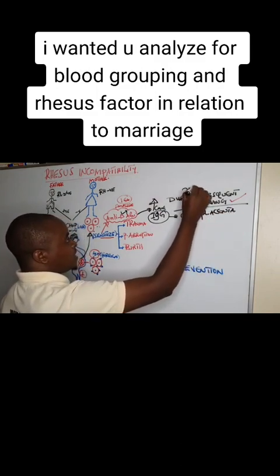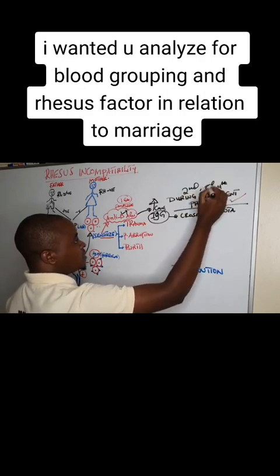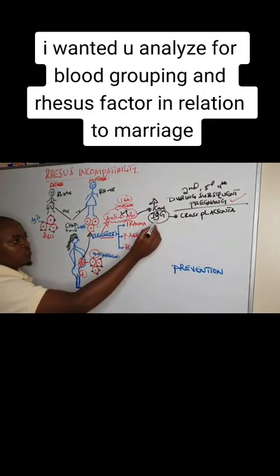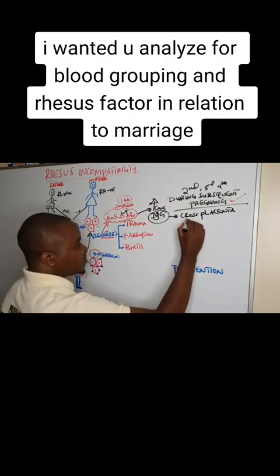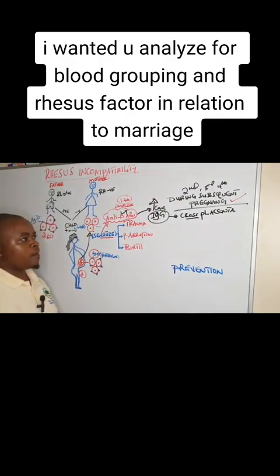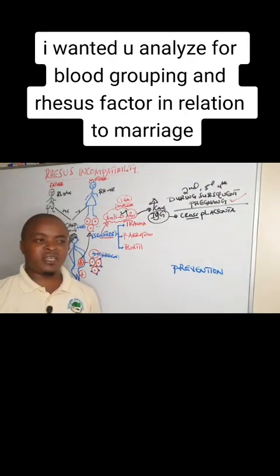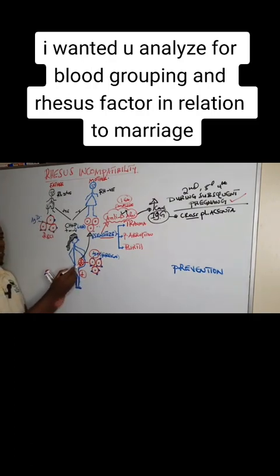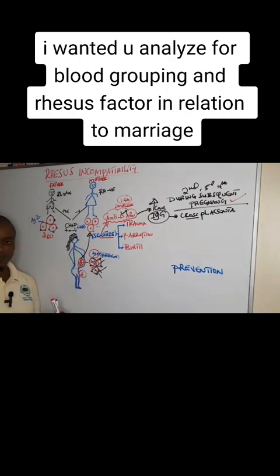We are looking at the second pregnancy, and the third or fourth. Here we shall see production of IgG antibodies, which are small in size and can cross the placenta. So during the second, third and fourth pregnancies, these antibodies enter the fetus and start destroying the fetal red blood cells.